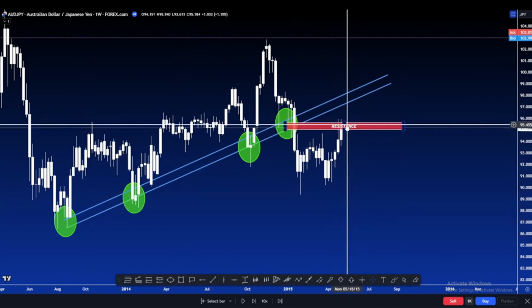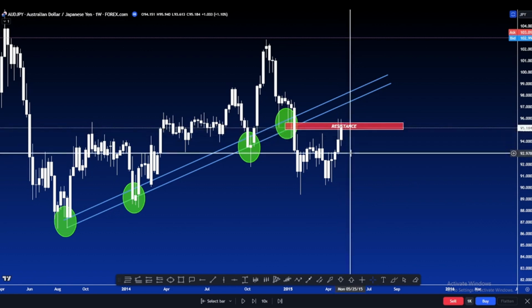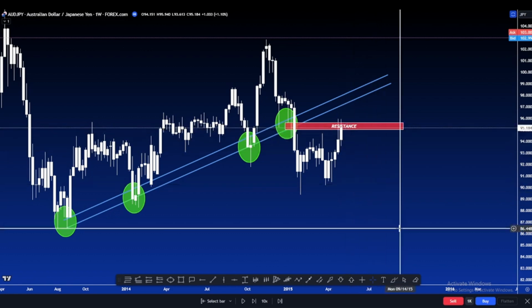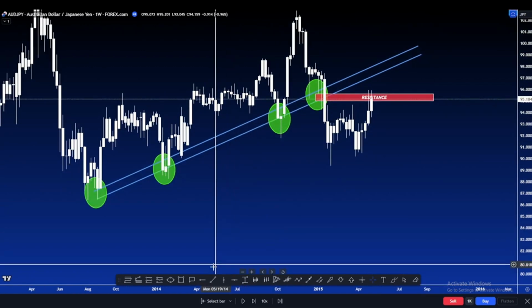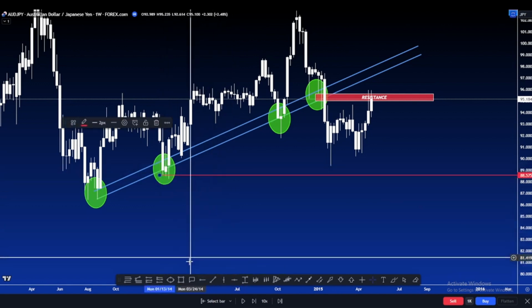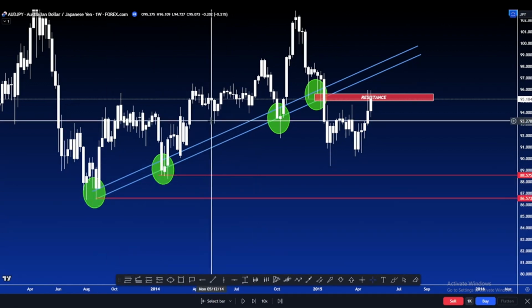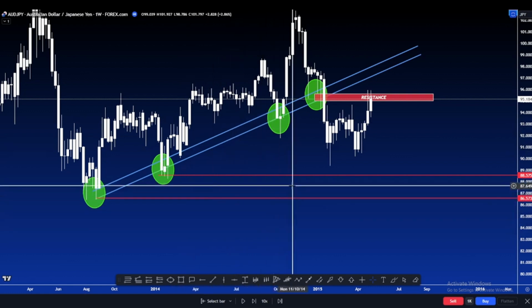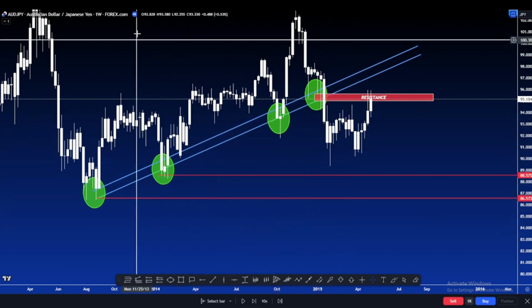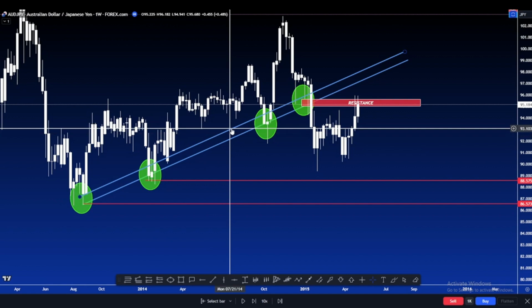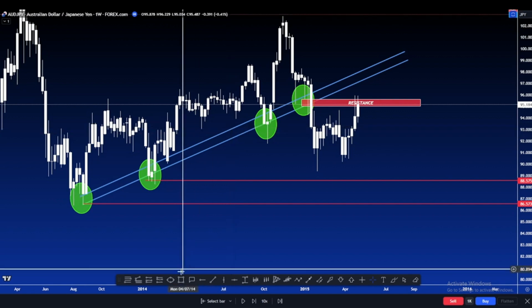Okay, so if it respects this, if we get any bears to show up, chances are we're going to start falling, and we're probably going to take out these lows, just like we did in that downtrend that I showed you guys, where it broke the trend line of the downtrend and started going up, taking out each one of those highs. All right, so let's just see what we get if I let this play out.